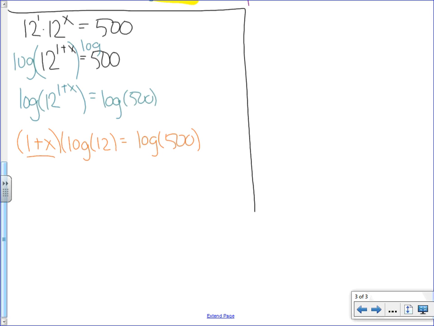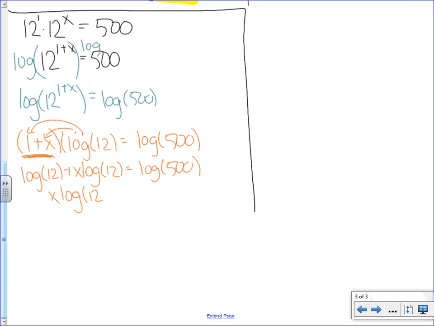And since this thing is in parentheses, it's being multiplied by this log 12, we would have to distribute. So really we get the log of 12 plus x times the log of 12, which is equal to the log of 500. And then we're going to subtract this log 12 over. So I get x times the log of 12, which is equal to the log of 500 minus log 12.